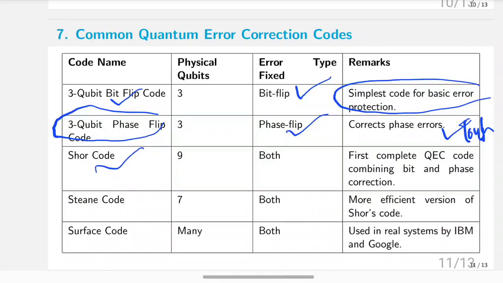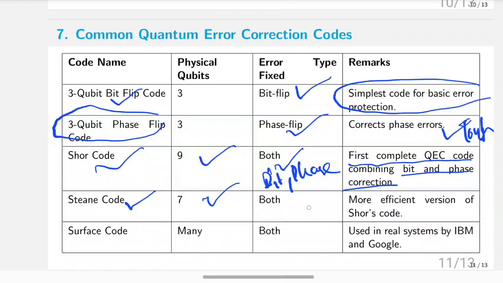Now moving on to Shor's code: one logical qubit is encoded in 9 physical qubits, so it handles both bit and phase errors. This is the first complete quantum error correction code combining bit and phase flip correction.